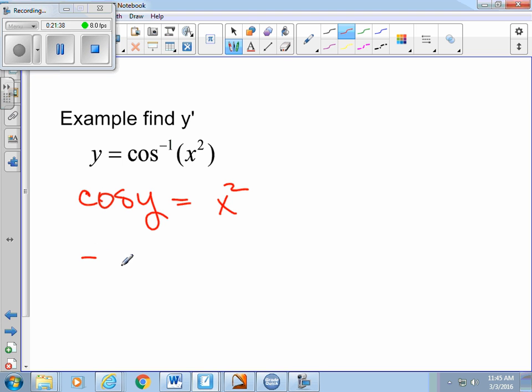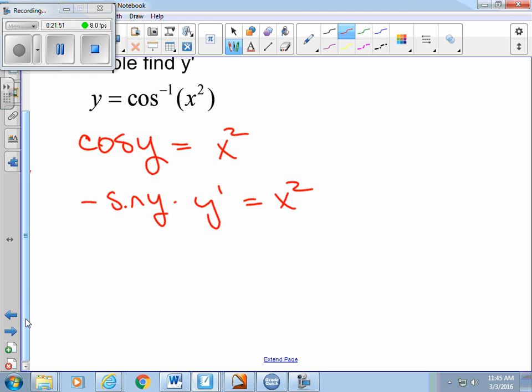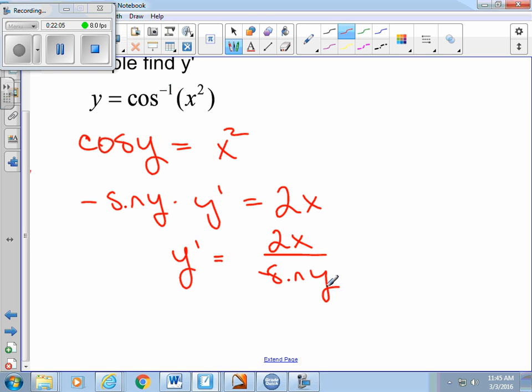Negative sine of y times y prime equals 2x. So y prime is 2x over negative sine of y. Nothing wrong with it. It's a wonderful way to work, especially if you're on open response and you get stuck. So we could always do an inverse implicitly.